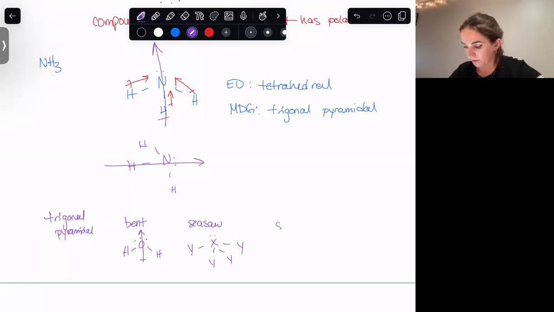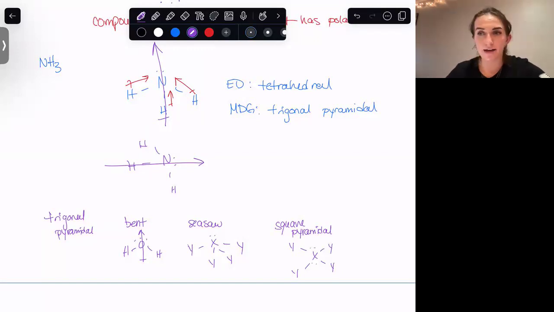But then we have square planar. In this case, you have two lone pairs on your central atom.